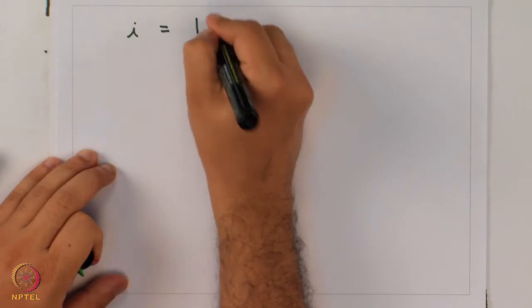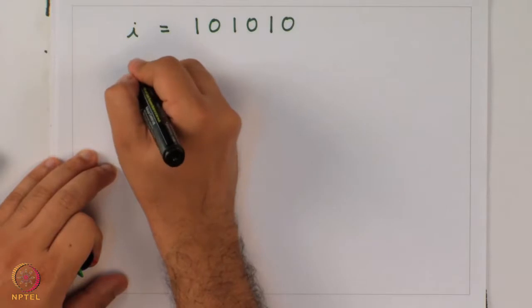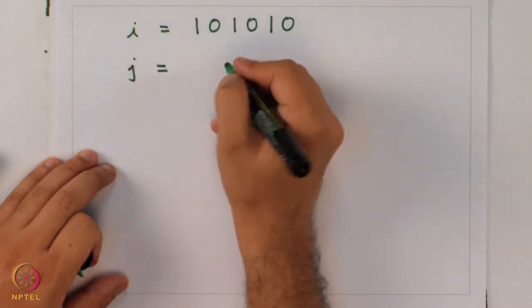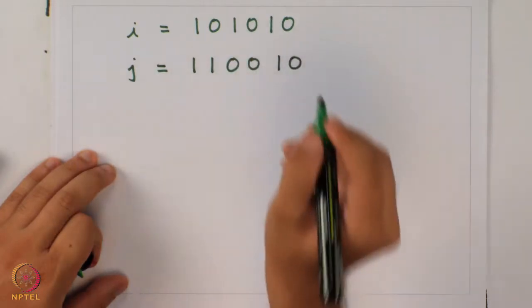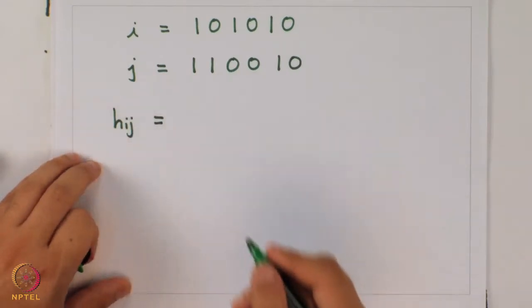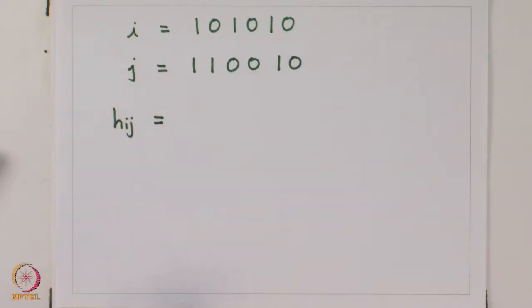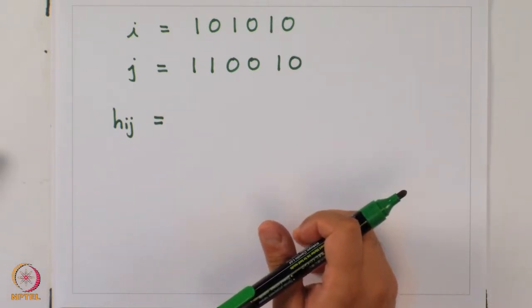So, let us get this clarified with the help of an example. Let us choose sequence I to be 1 0 1 0 1 0, and let us choose sequence j to be 1 1 0 0 1 0. The Hamming distance between these two sequences Hij is just equal to the number of positions where the two sequences have different nucleotides.